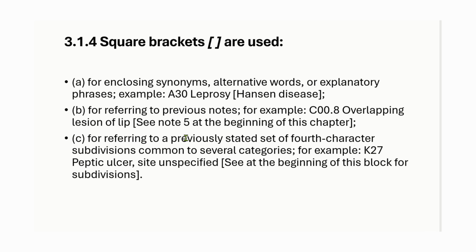For example, they'll say, look at a note at the beginning of chapter so and so. And lastly, for referring to a previously stated set of 4-character subdivisions common to several categories. For example, K27, peptic ulcer, you'll see the square brackets there.